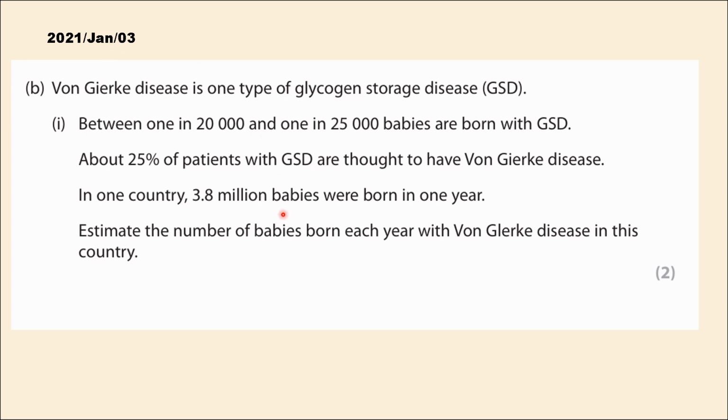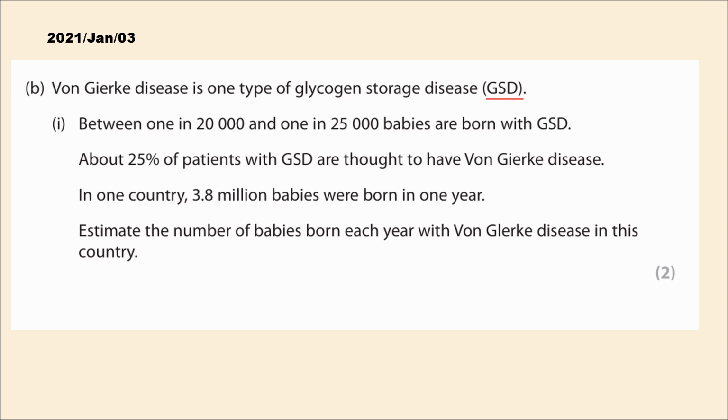The next question is from the January 2021 paper. It involves a small calculation and they may present you with a new concept. However, don't worry, just read the question carefully. This question states that von Gierke disease is one type of glycogen storage disease, abbreviated as GSD.